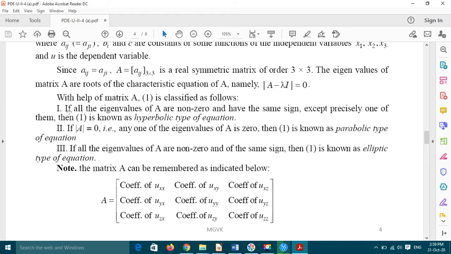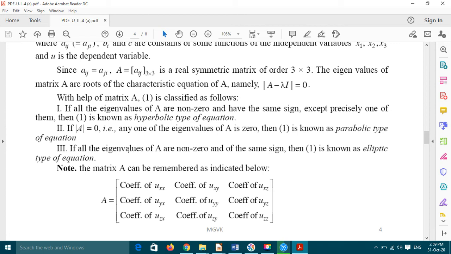Number 1, if all the eigenvalues of A are non-zero and have the same sign except precisely one of them, then equation 1 is known as a hyperbolic type differential equation. If determinant of A is equal to 0, that is any one of the eigenvalues of A is 0, then it is known as a parabolic type differential equation.